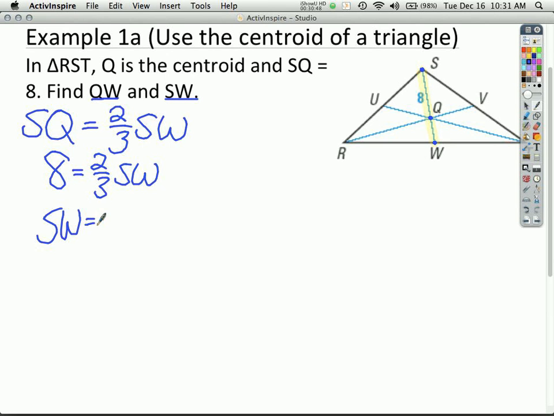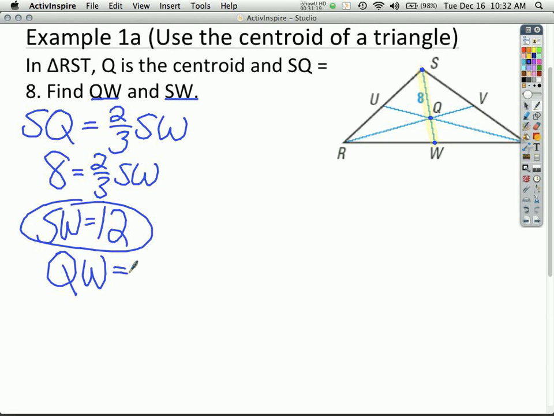What does SW equal? Give me a thumbs up when you've got it. 1 person, 2, 3, 4, 5, 6, 7, 8, 9. Kalasia, what does it equal? I'm sorry? 12. What did you think, Alexander? SW equals 12. So we've got half of our answer. Now we need QW.